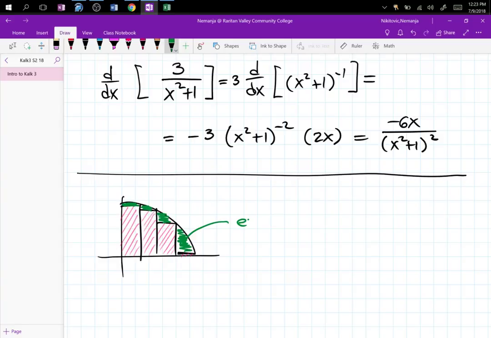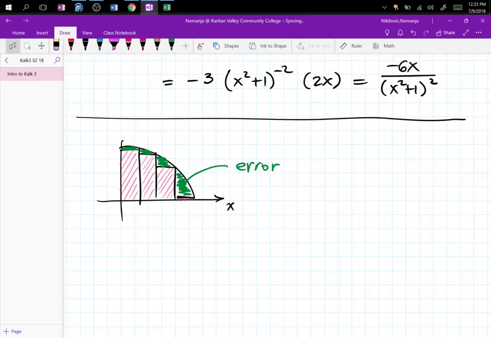So now we know that the width of each one of these rectangles is delta x, and we know that the height is when you compute your xi, i being a counter, not an imaginary number, a counter like x1, x2, x3, x4, so it's just a location on the x-axis.